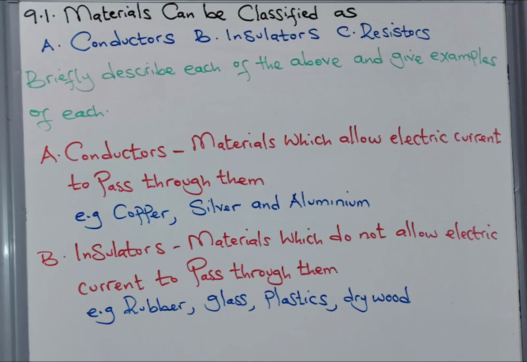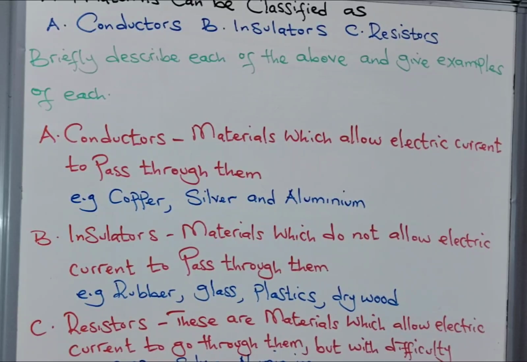So they are conductors, but give opposition to the flow of electric current. So resistors allow electric current to go through them, but somehow oppose it.